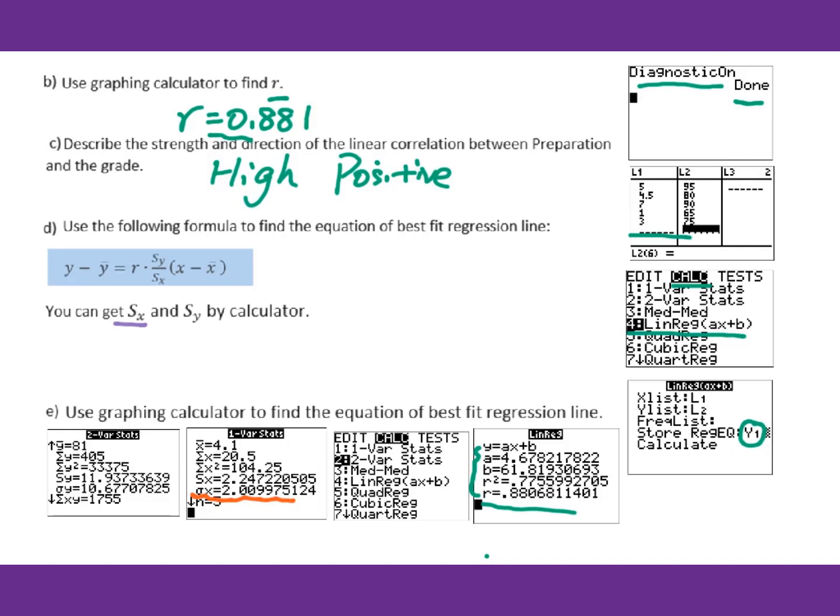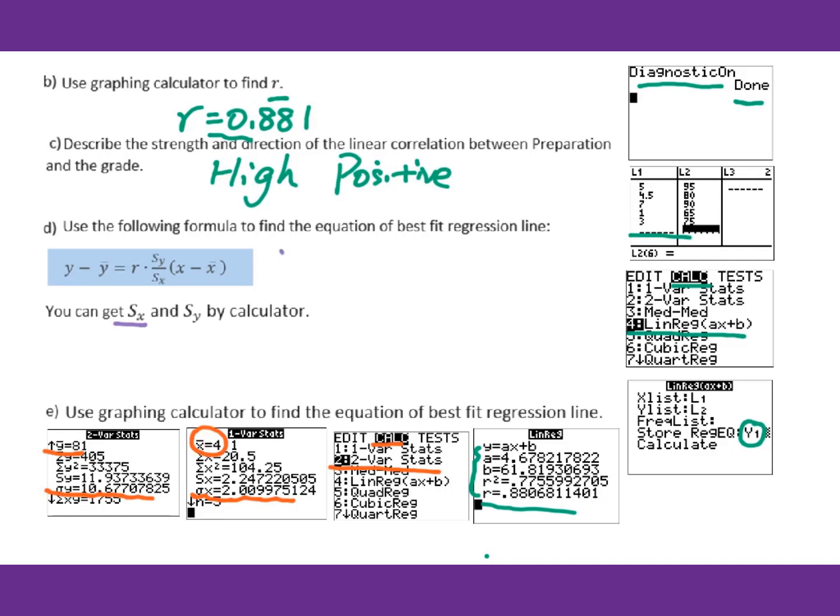You go to stat, calculate, go to 2 variable statistics, then you press enter. You are given the mean and also the sigma notation, that's the standard deviation. For the y, we are given the mean and also this sigma y means the standard deviation for y.